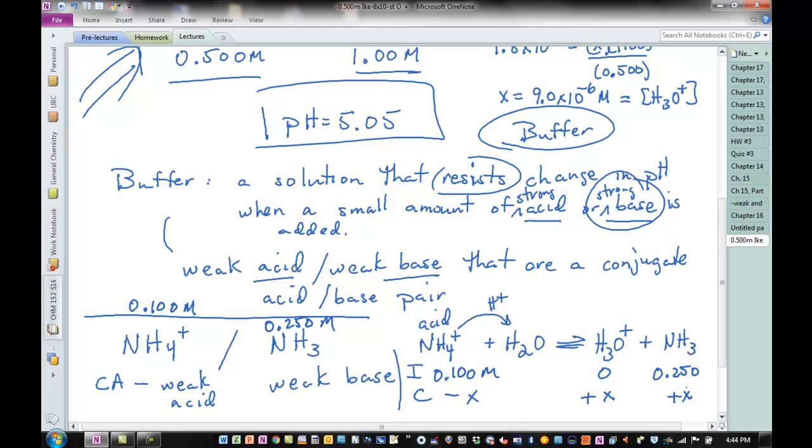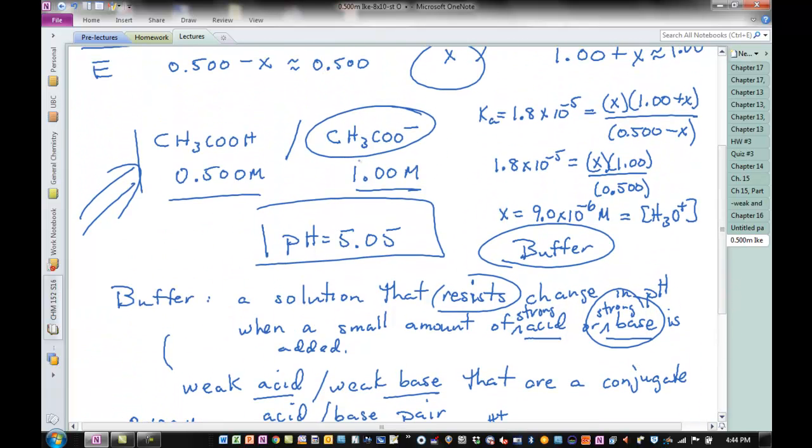All right, last thing. I promise this is the last thing. Does NH4+ or acetate, CH3COO-, do those exist as pure substances? Can I just go over to the lab shelf and get those? No. They're charged species.